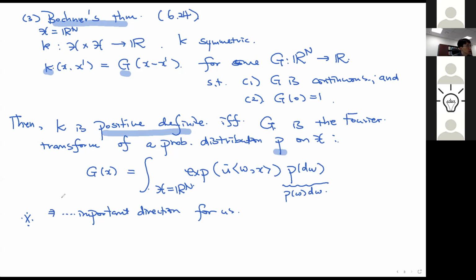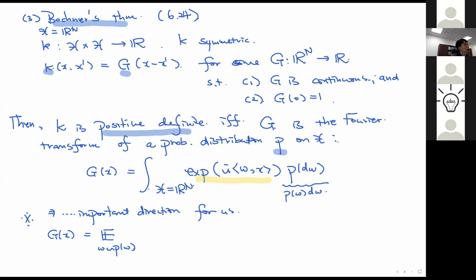Now the way we do it is to express g of x in a slightly different form. What this is really saying is that we are computing the expectation with respect to P of w. This is an integral, and what you see here is an exponential over i.